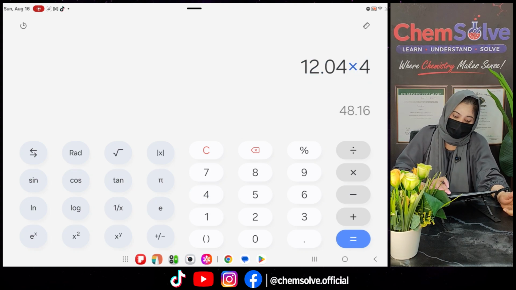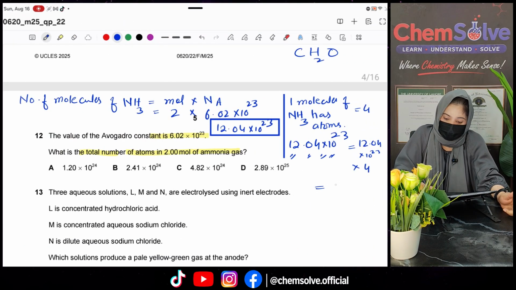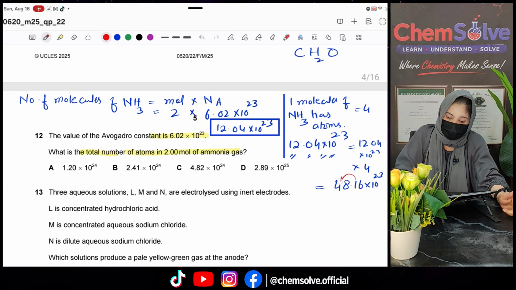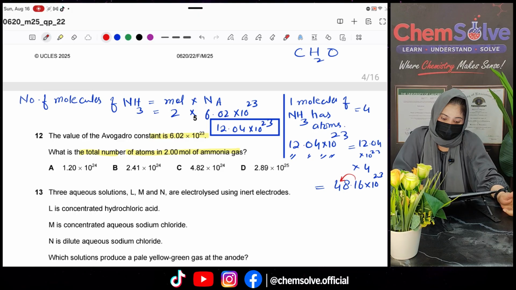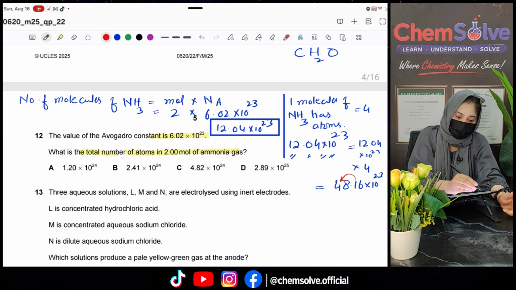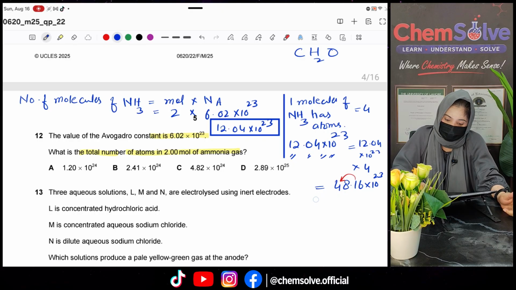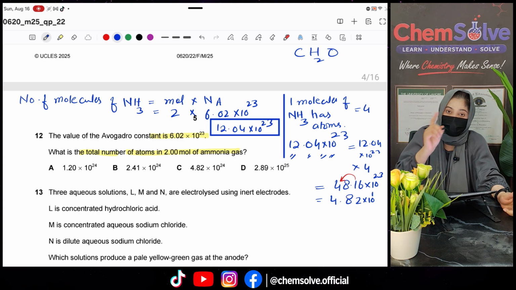This is 48.16. So the answer is 48.16 × 10^23. But we will move the decimal from here to here. So this would be 4.8 × 10^1, because I moved it 1 digit here, and 10^23 is already there.